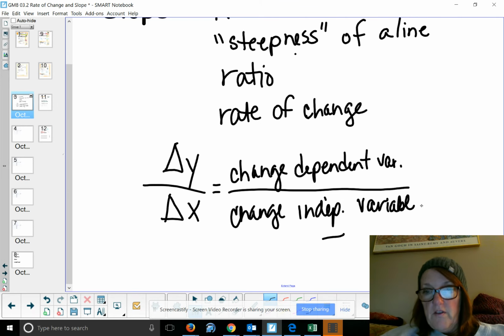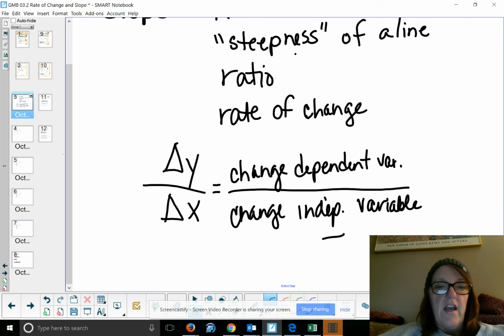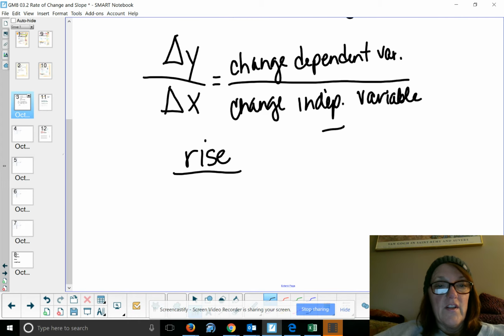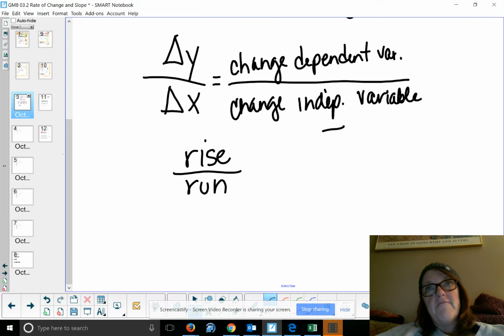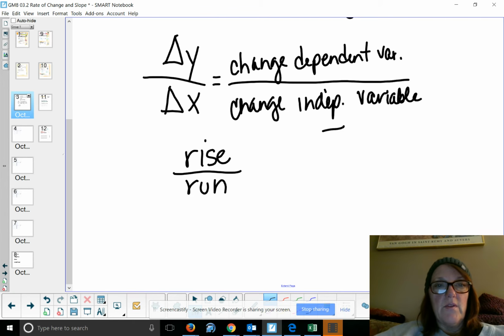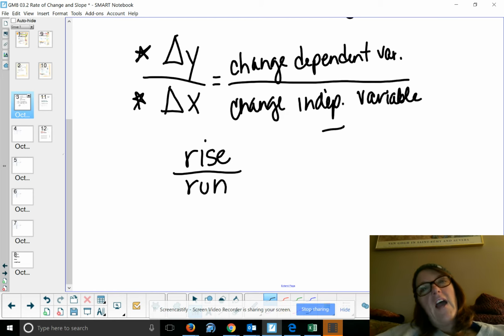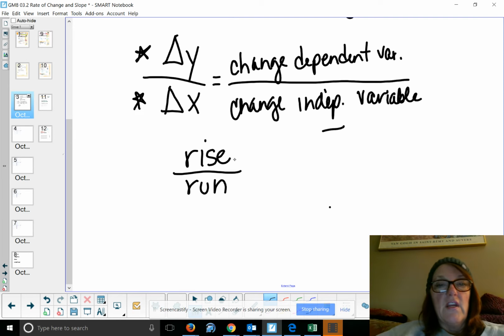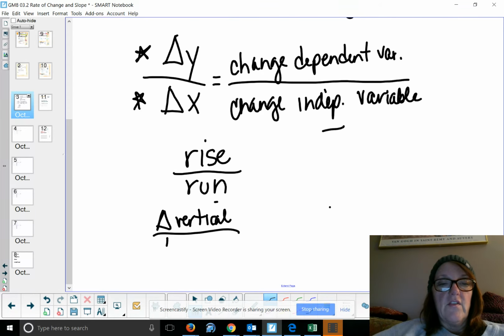If you've dealt with slope much at all, this also is often written as the rise over the run. Okay, I tend to like to think of it the other way, just because sometimes the word rise kind of makes you think like it always has to be positive, and it's not true. It's really just the change in the vertical over the change in the horizontal.